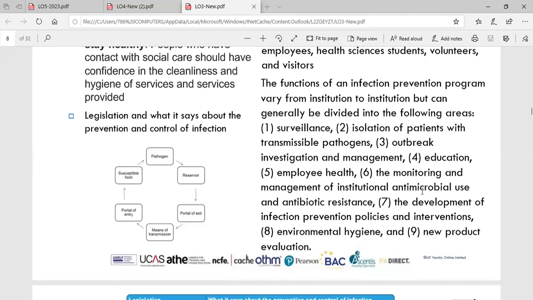And then the monitoring and management of institutional antimicrobial use and antibiotic resistance. This is very important. You need to monitor this and manage it in the institutions wherever you're working. What's your policy of using antimicrobials and antibiotics? Antibiotic resistance is the resistance offered by organisms when you use antibiotics the way they should not be used.